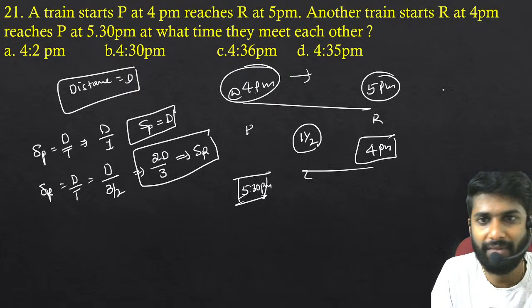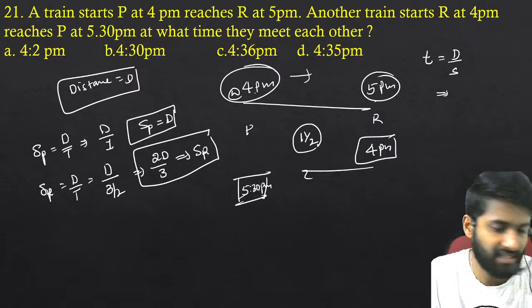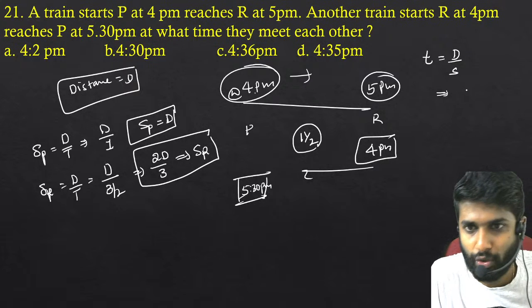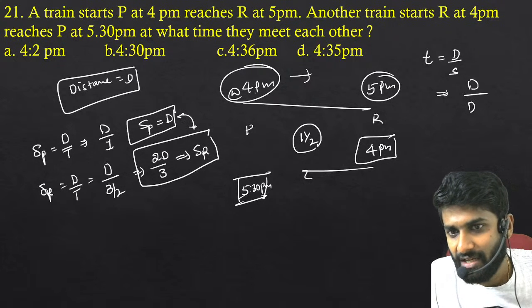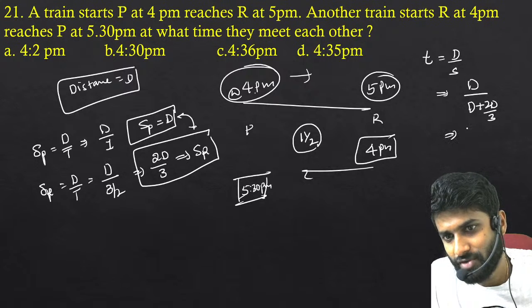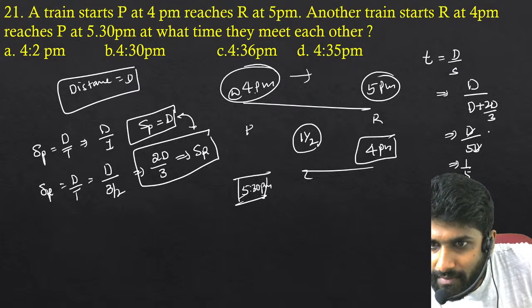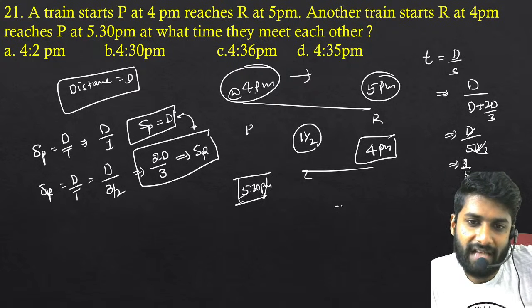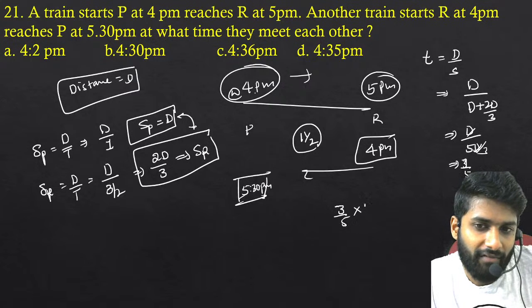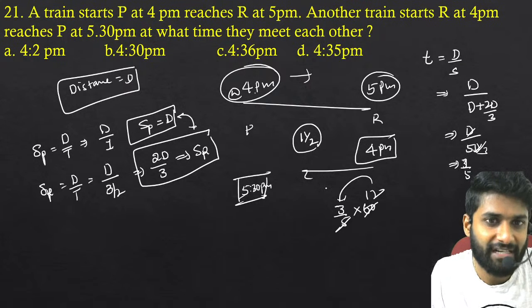Now the question: at what time will they meet each other? Time is equal to distance by speed. The distance between the two places is D. Both are traveling in opposite directions, so the relative speed is the addition: D plus 2D by 3, which is 5D by 3. D cancels, and the answer becomes 3 by 5 of an hour. 3/5 of an hour is 3/5 of 60 minutes. 60 divided by 5 is 12, and 3 twelves are 36, so it takes 36 minutes to meet each other.